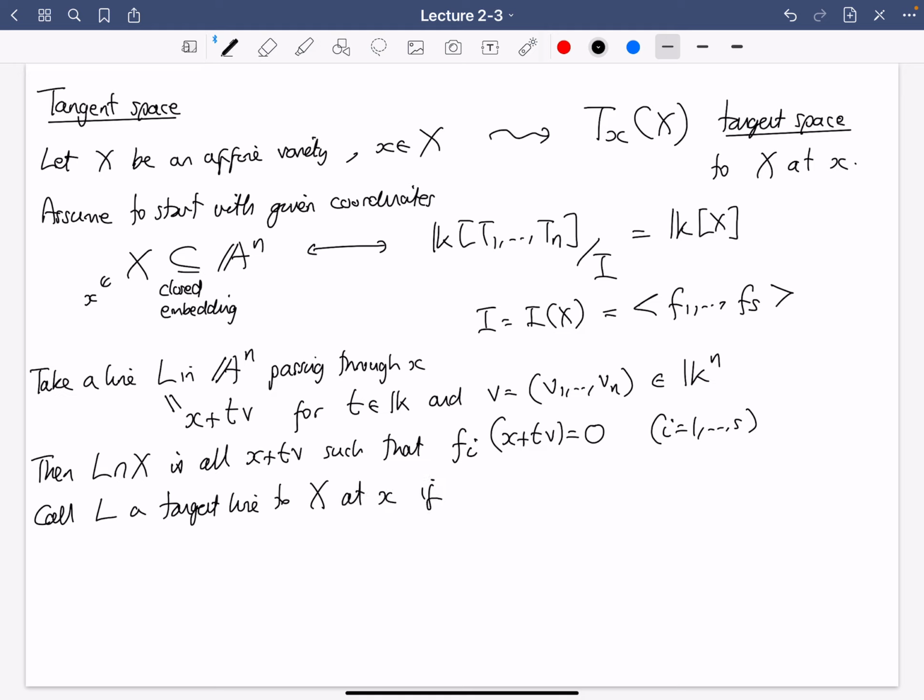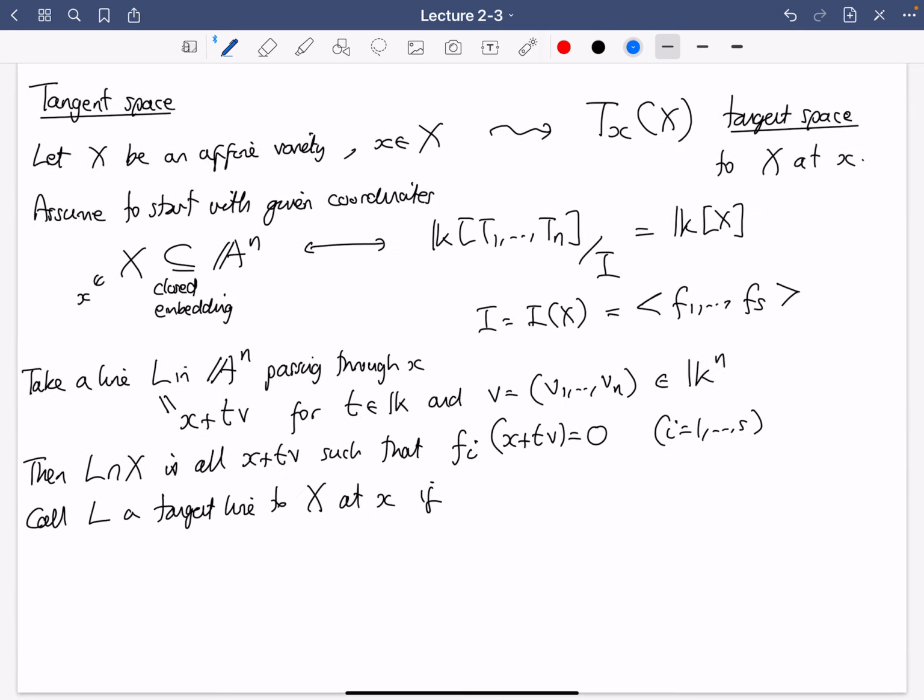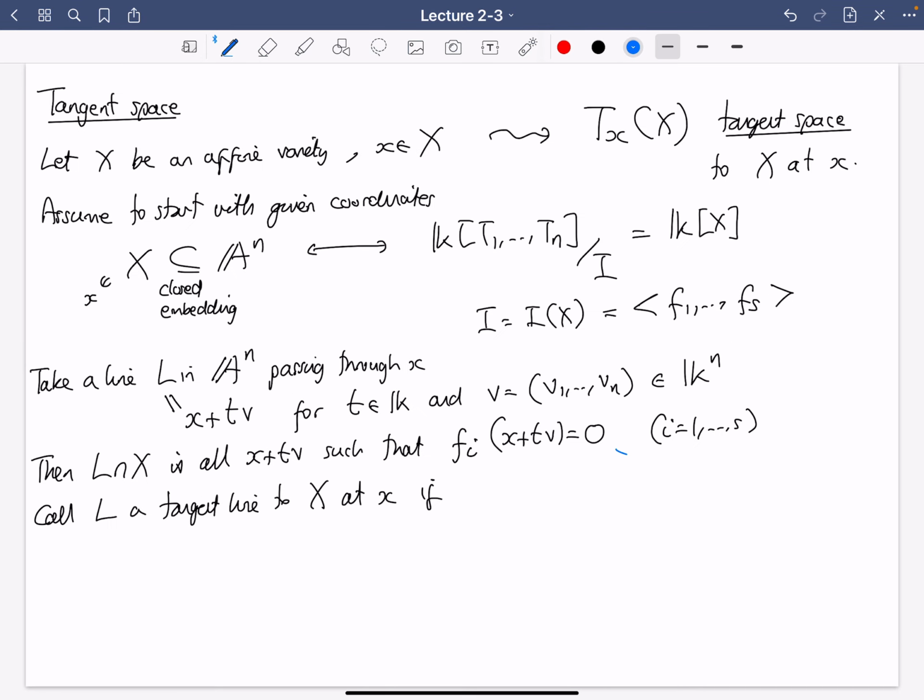I should have noted that for these equations, t equals 0 is definitely a solution for all i, because the point little x is inside big X. So I'm going to call this a tangent line if t equals 0 isn't just a solution of those equations, but actually a multiple root of these equations.